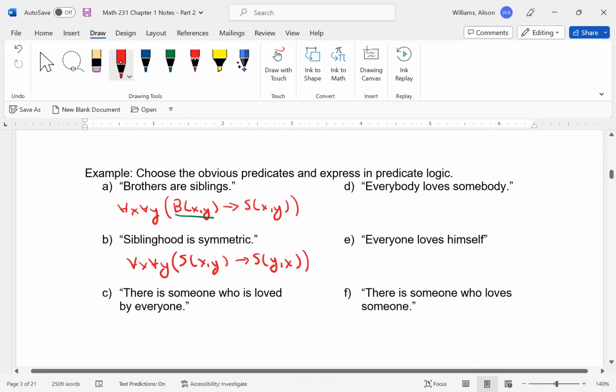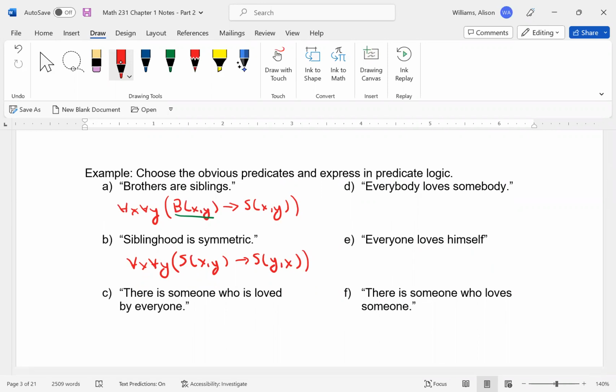There is someone who is loved by everyone. We're using the mix of language, right? We have this idea that there's an everybody and there is a single person. So there's somebody who's loved by everyone.